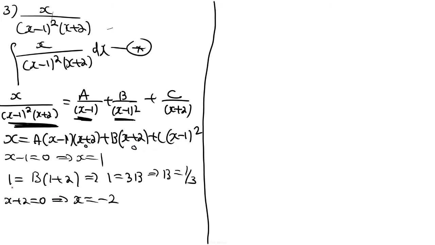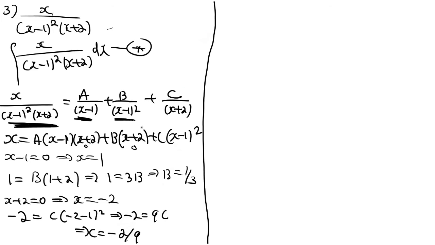So what you will get, minus 2 is equal to C into (minus 2 minus 1) whole square. This implies minus 2 is equal to C into (minus 3) whole square, which is 9C. This implies the C value is equal to minus 2 by 9.